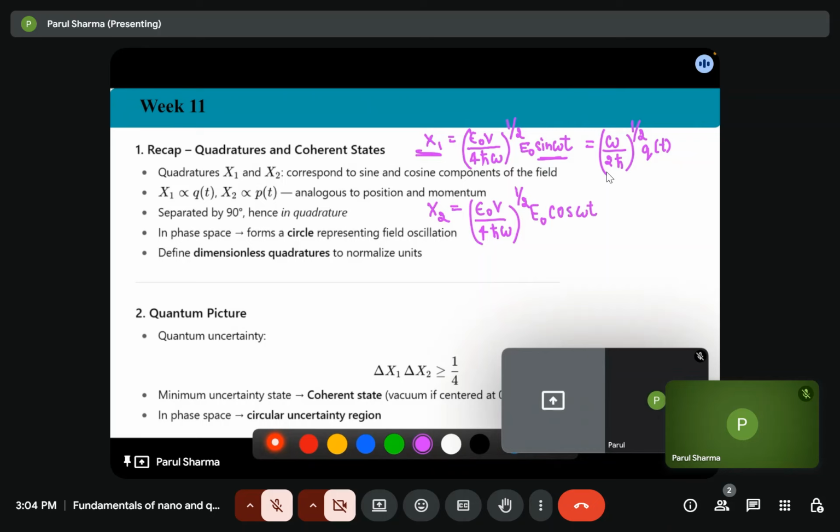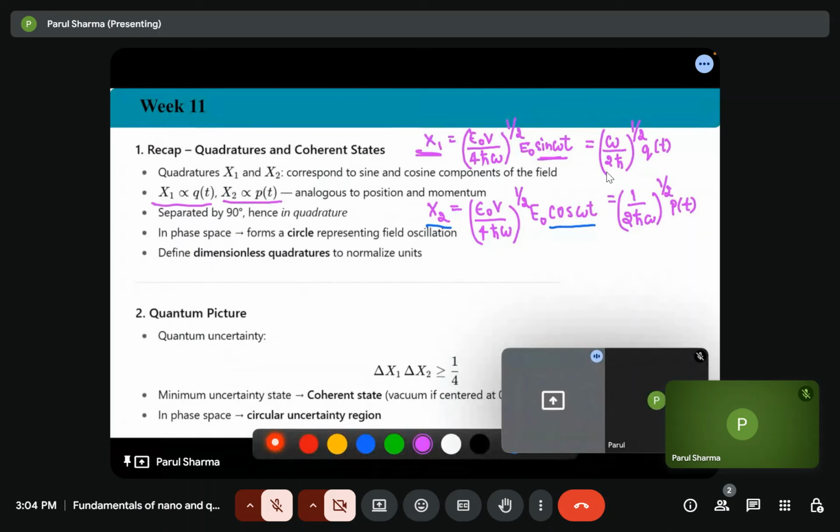So x2 is related to cos omega t, which we write as 1 upon 2 h cross omega to the power 1 by 2, p of t. So quadratures x1 and x2 correspond to the sine and cosine components of the field. x1 is proportional to q of t and x2 is proportional to p of t. That is analogous to position and momentum.